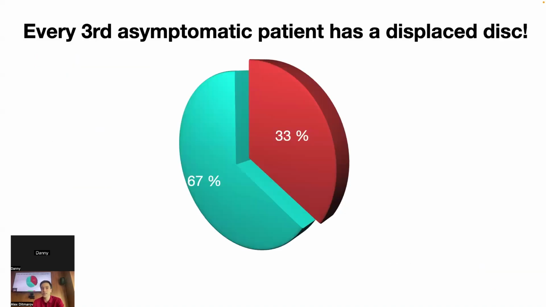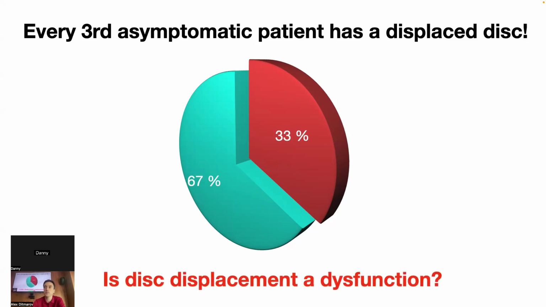What does this study tell us? This study tells us that every third asymptomatic patient has a disc displacement. So meaning every third patient you treat, at least every third patient you treat, has an anteriorly displaced disc. And this raises the question, is this displacement a dysfunction?